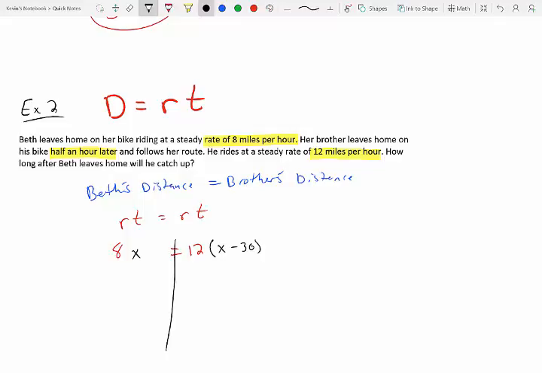So my first step, we have parentheses, distribute. 12 times x is 12x minus 360 equals 8x. So we need to get numbers and variables on the same side. Minus 12x, negative 4x equals negative 360.